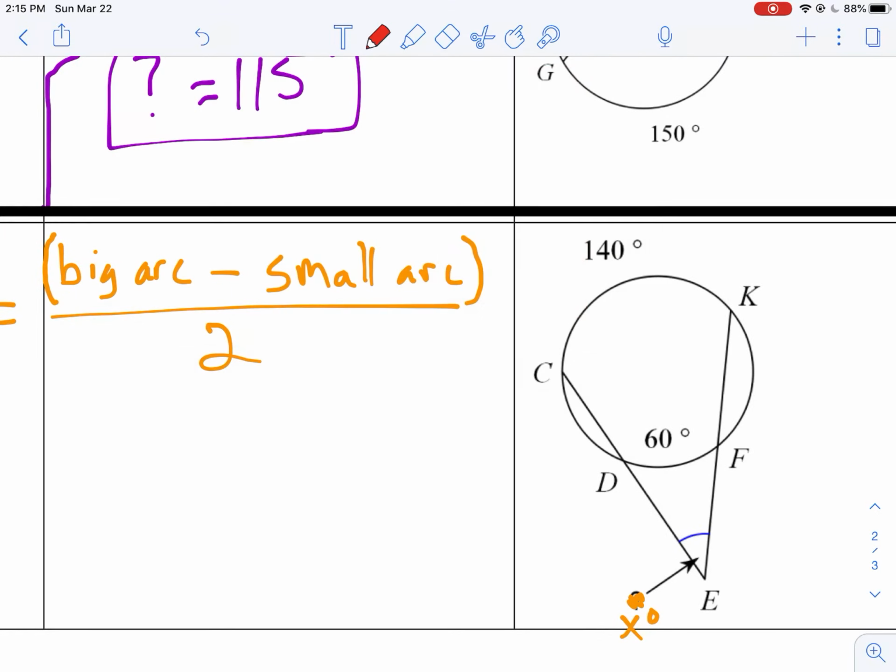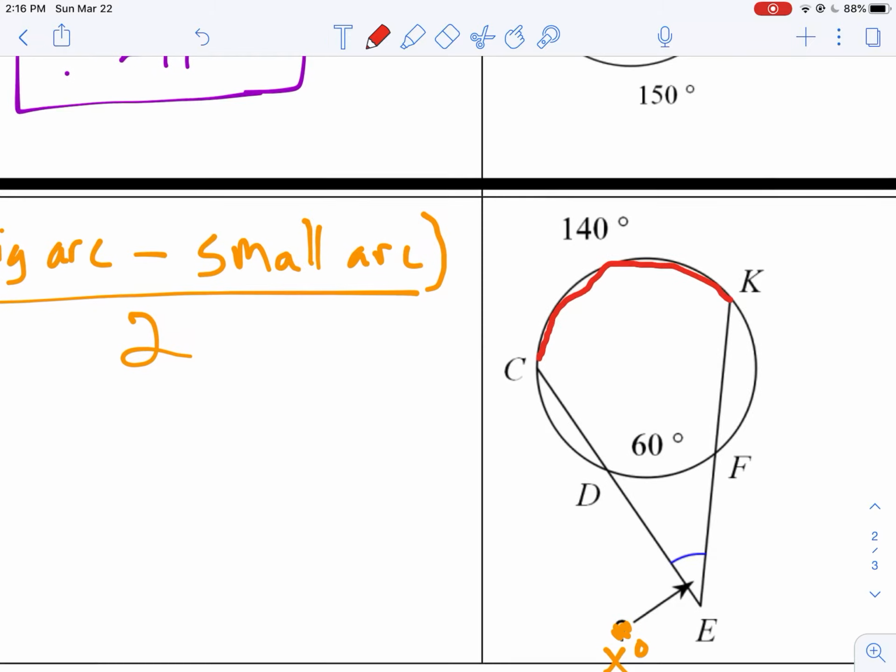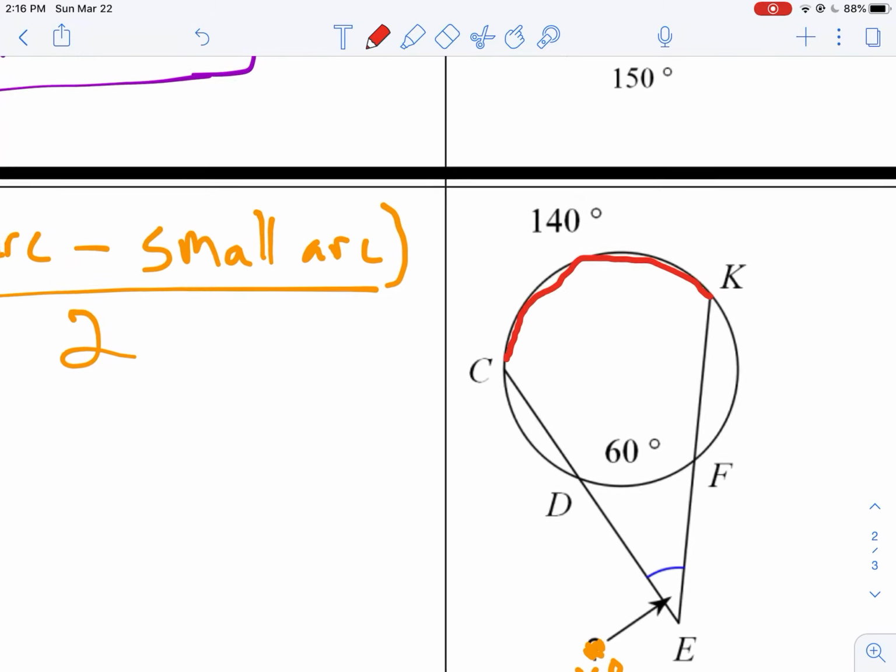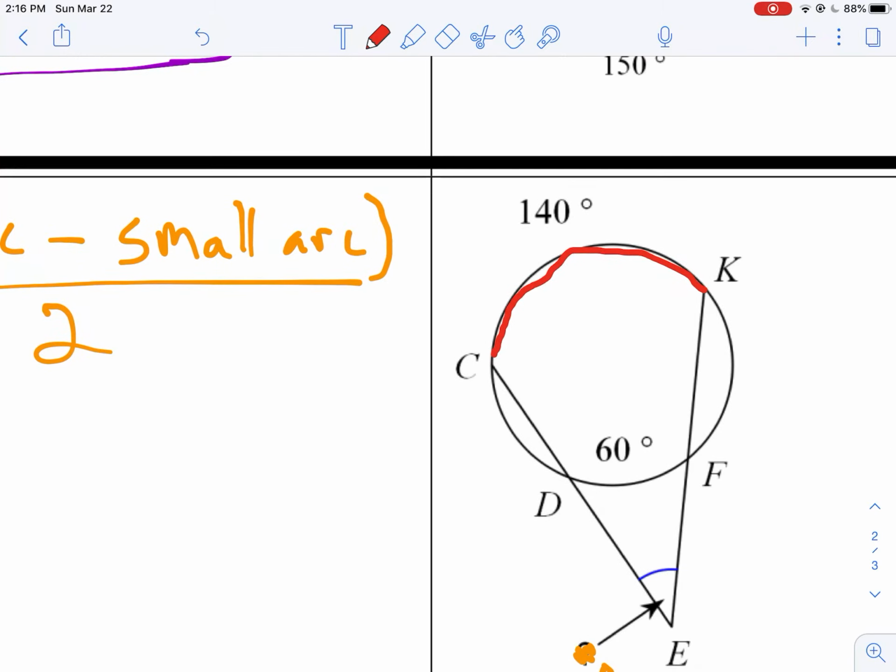In this problem, in all the problems that look like it, the big arc is always going to be the one farthest from the angle. So the other side, that's a little sloppy. Let me try that again. That's probably worse. We're just going to stick with it. Okay, that red sloppy arc is the big arc, the red.